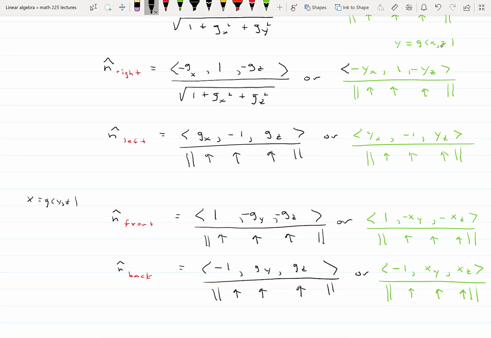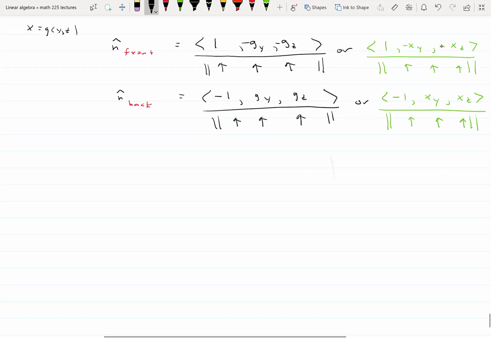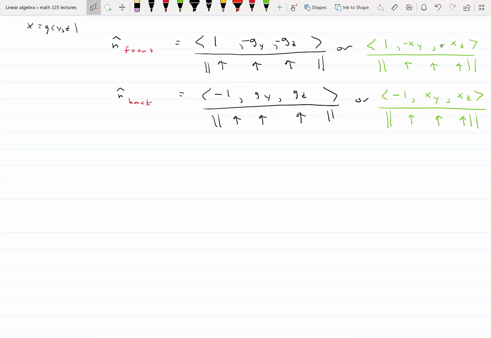So just to make sure that you're okay with all this, there's really not 6 things to memorize. Let's do one randomly, and I want to choose a unit normal. Let's say to the left. Left is the y direction, and so is the right.